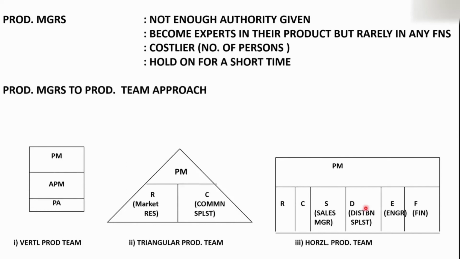Under the horizontal product team you have the research, communication, then the sales, then the distribution, then the engineering people, then the finance people, all coming under the product manager, closely observing what the product manager is really doing or what type of ideas contribution is coming from him, so that in case of need some buffer is available to the organization.